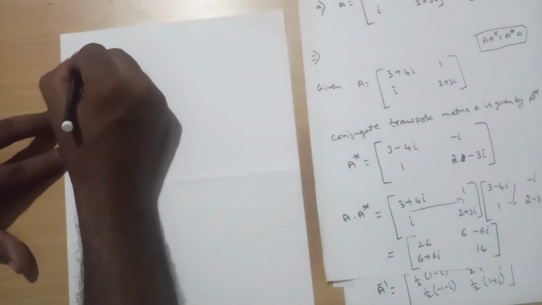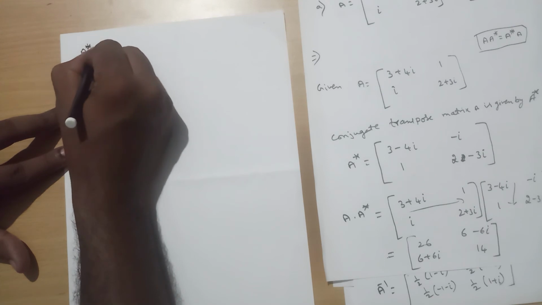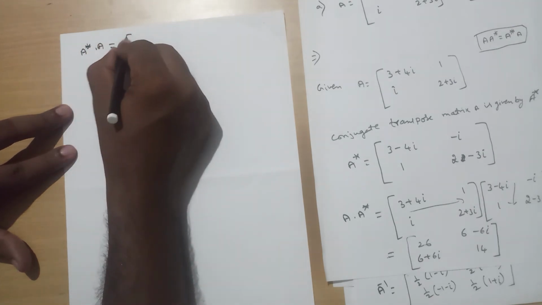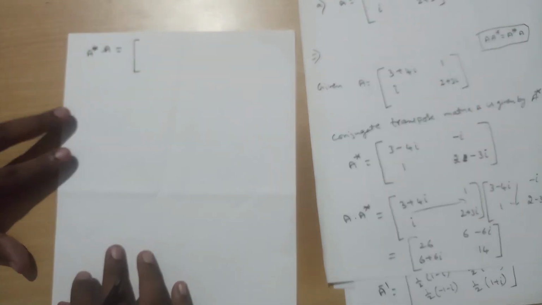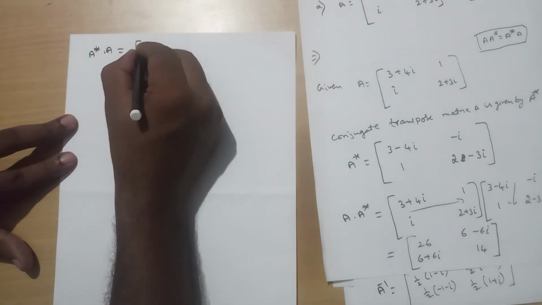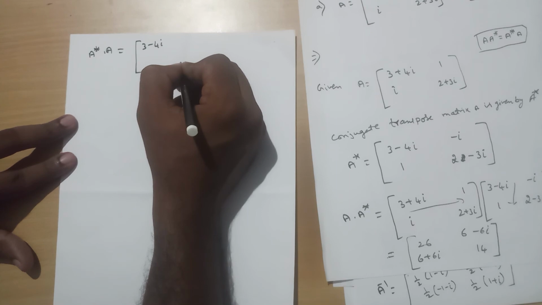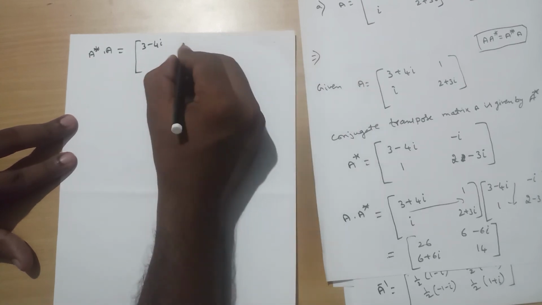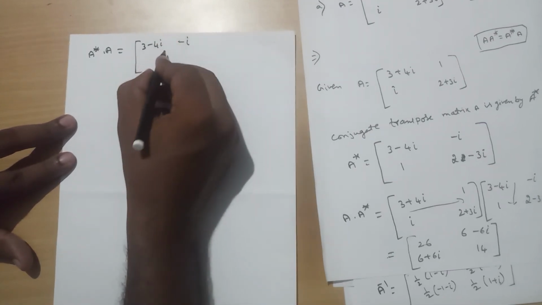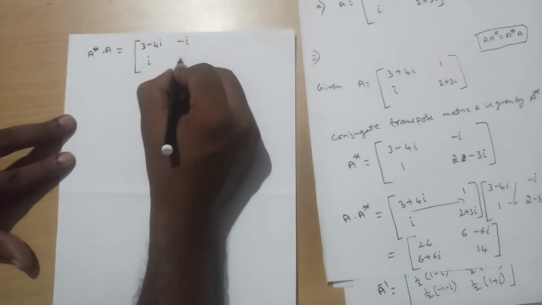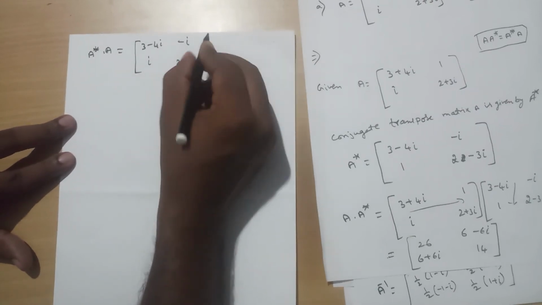So here A star into A equals, so what do you get here? A star is 3 minus 4i, 3 minus 4i, here minus i, and here minus i, 2 plus 3i.